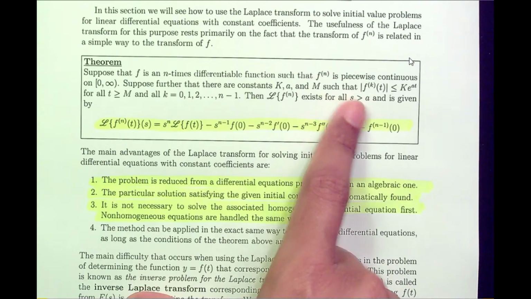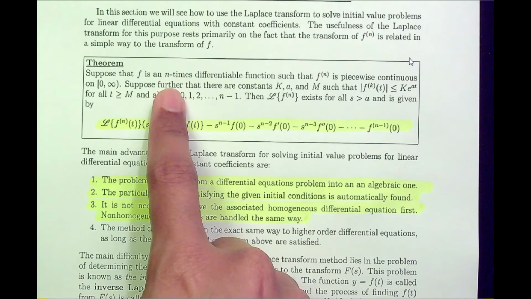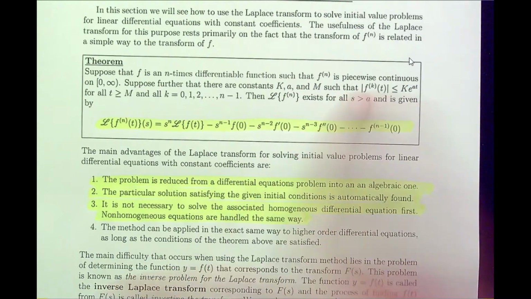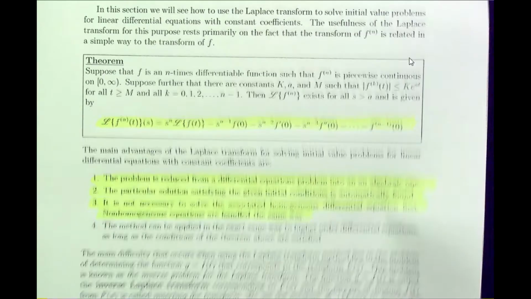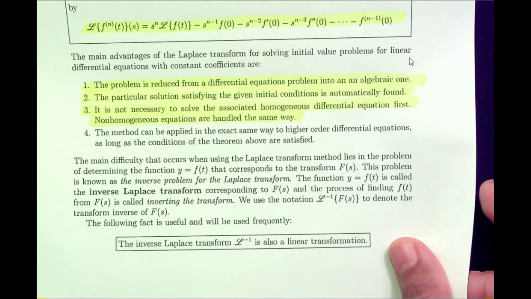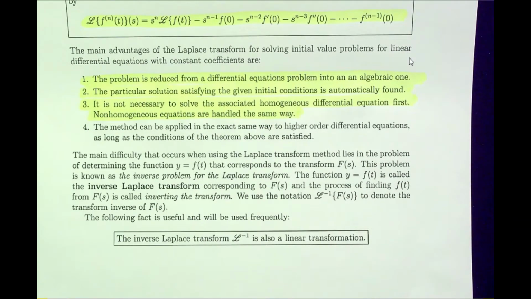which is guaranteed by these conditions. So the function is n times differentiable, the nth derivative is piecewise continuous, and the derivatives are exponentially bounded. Now, in this class, you don't have to worry about checking all of those conditions because we're only going to be working with elementary functions, so those conditions are going to be satisfied.